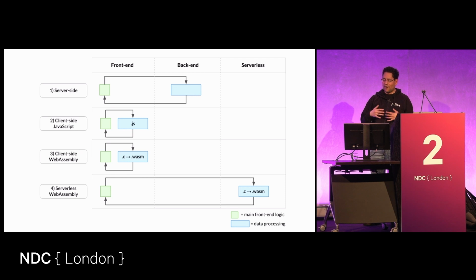Or let's say that you had your calculation engine in C, then you can compile your C code to WebAssembly, and then you can run that also on the client-side WebAssembly. Or you can run it as serverless WebAssembly. So again, you had your calculation engine in C, you compile it down to WebAssembly, and then you run it as a serverless WebAssembly.